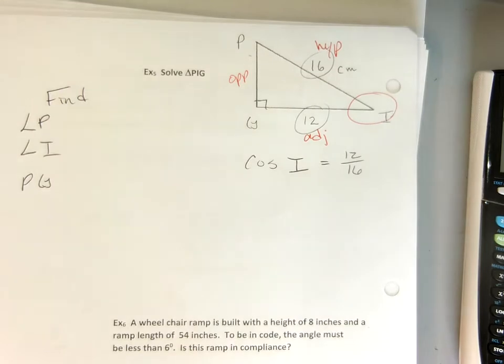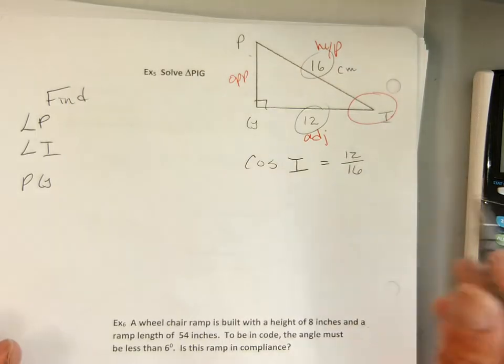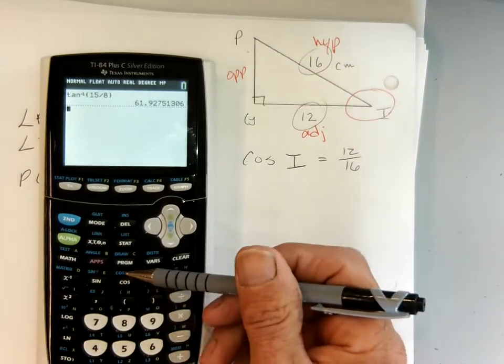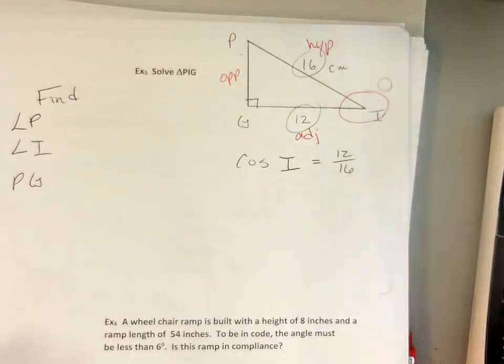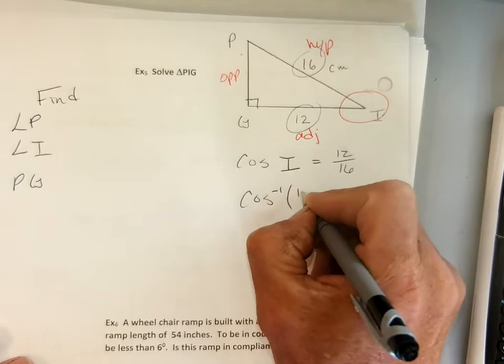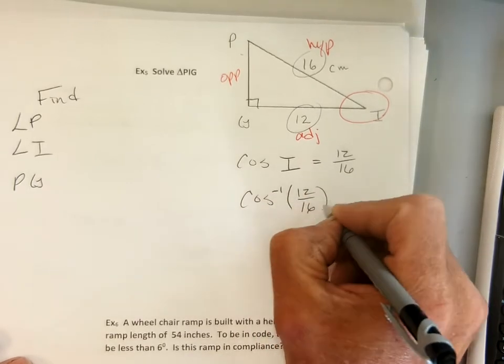Cosine of I equals 12 over 16. It's actually not that bad. But I need to find the angle, so which button do I have to push on my calculator? The inverse. So I'm going to go cosine inverse of 12 over 16 will give me angle I.